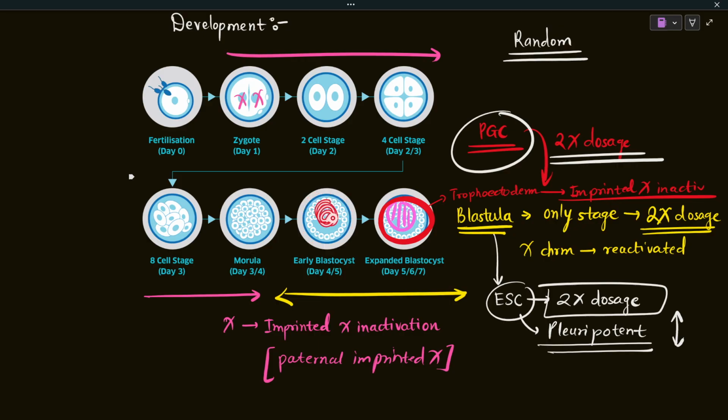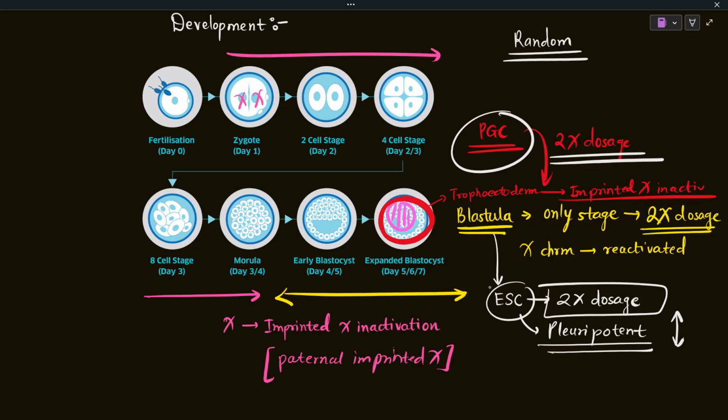The inner cell mass shows the reactivation of the inactivated X chromosome, so it has both of the X copies active, while the trophoectoderm still remains paternally imprinted. The paternal copy of the X chromosome will be silenced, so it shows imprinted X chromosome inactivation. But the inner cell mass has both of the X copies active.